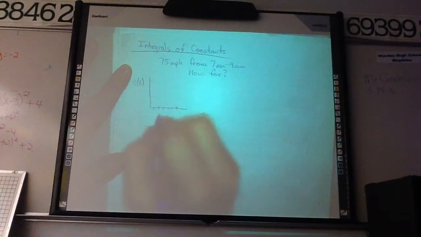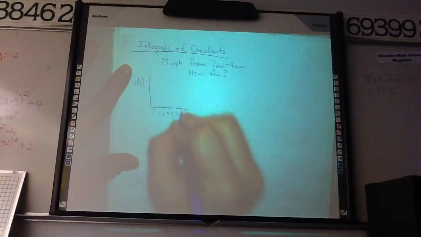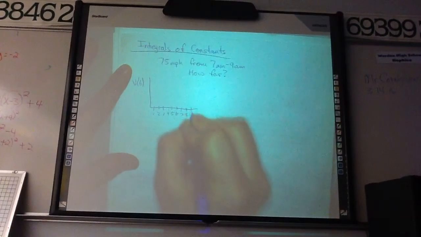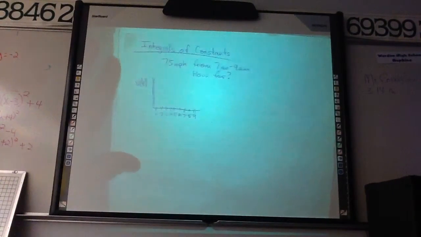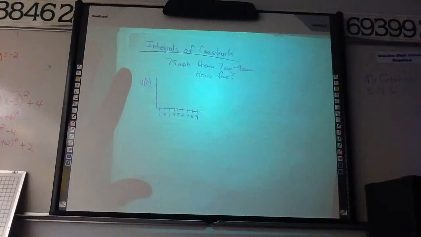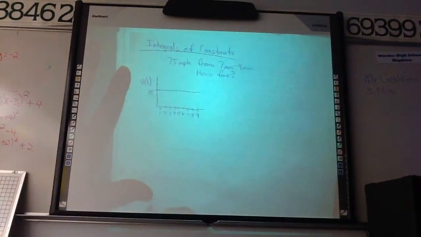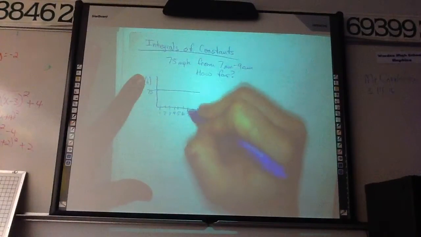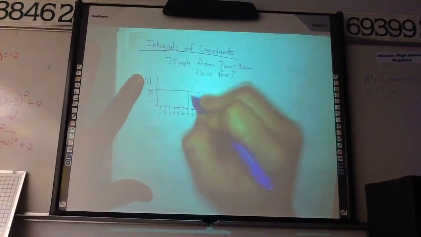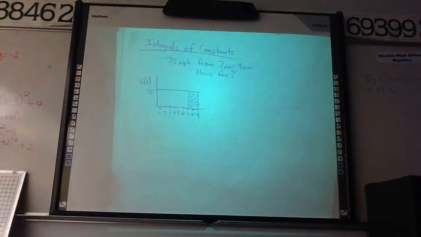The question is, what would your function be? 75. Yeah, y equals 75. The function is just 75. The speed didn't change. It was just constant. And all we're looking at is from 7 to 9. So can you write that as an integral? Try it.